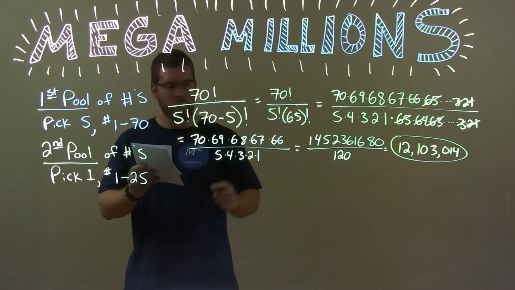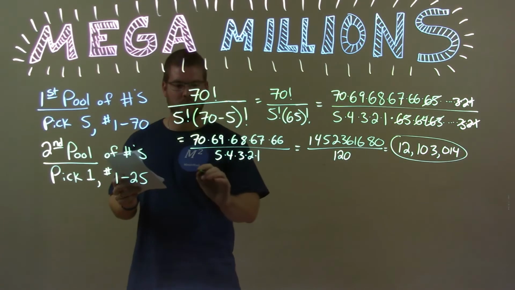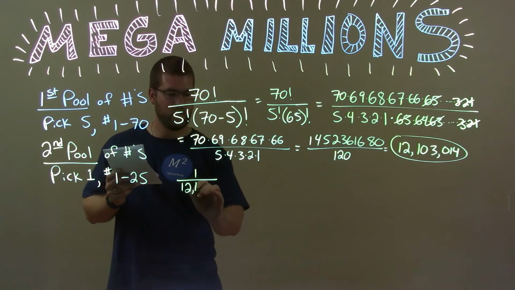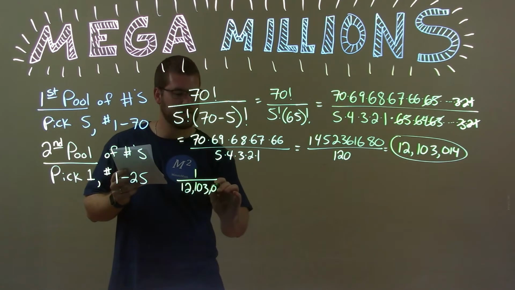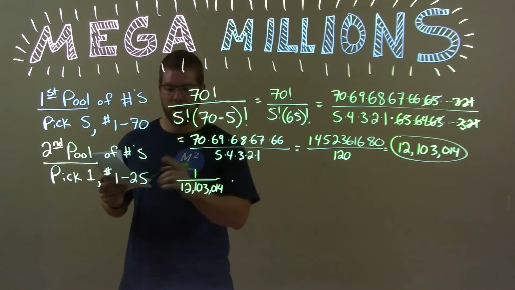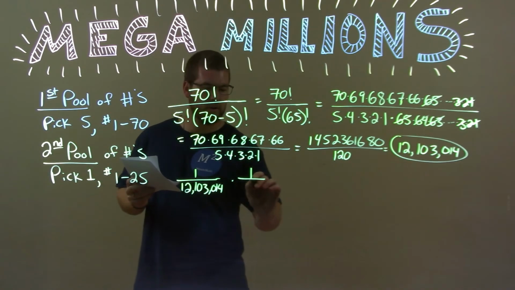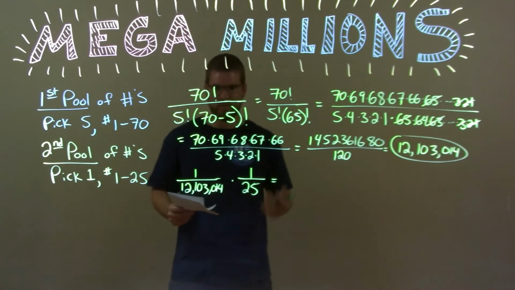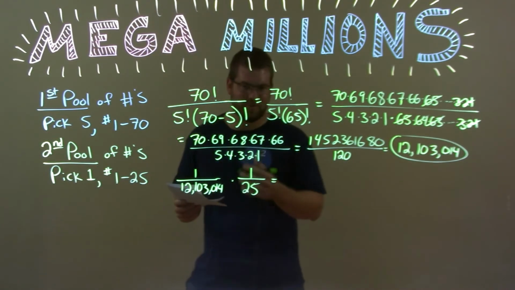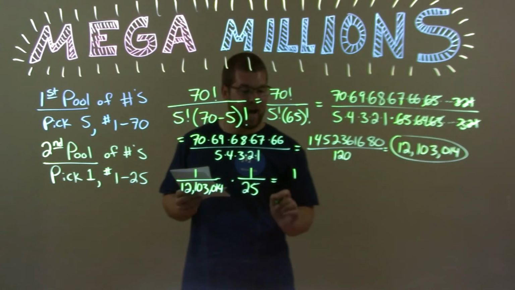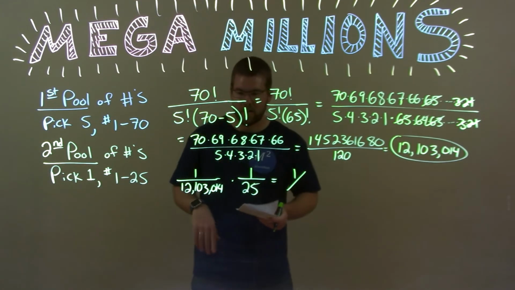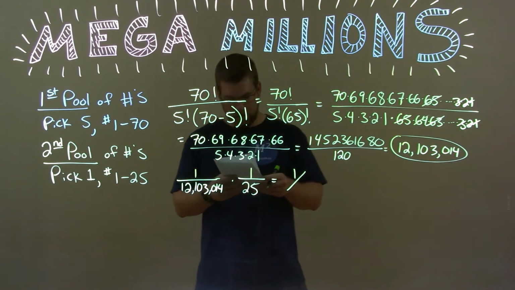Okay, so what we want to do, we take the odds of the first ball, which is 1 in 12,103,014, and we multiply that by the chance of the second ball, which is 1 over 25. The numerator, we know, stays the same, right? It's just 1, right? 1 times 1 is 1, but the denominator, when we multiply that out here, what's 12,103,014 times 25?